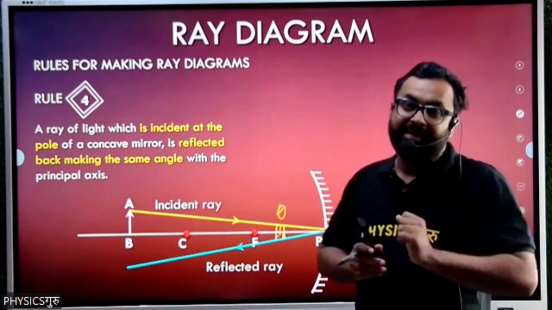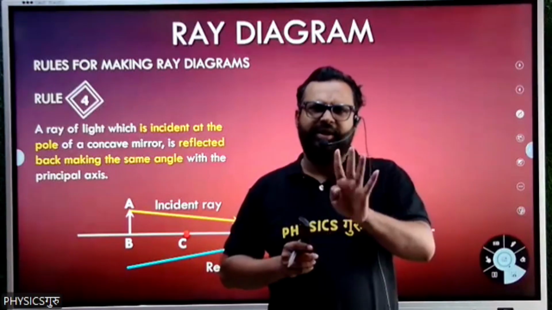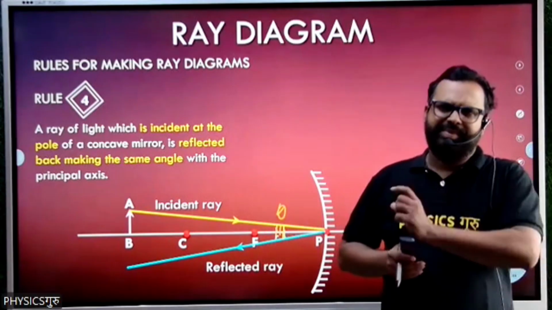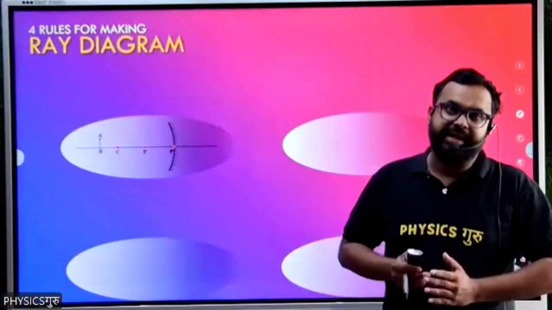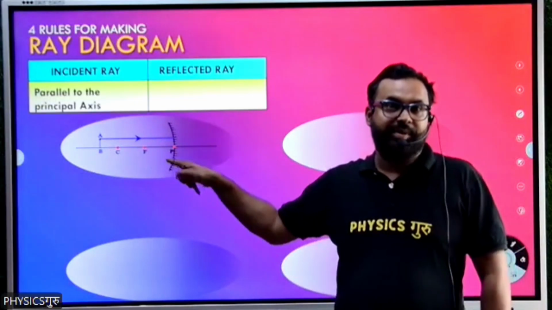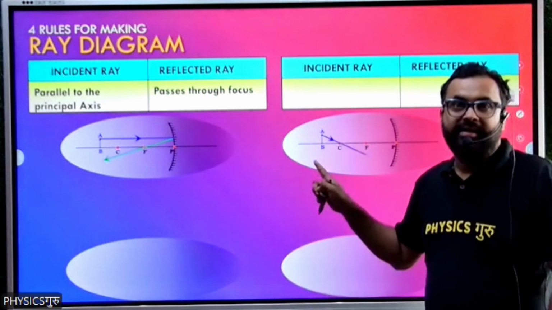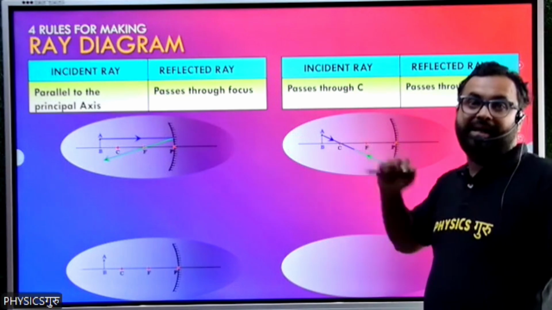In exam, they will ask you to write a short note on the rules of ray diagram. So basically you need to write 3 rules: first, second and third. The fourth one is basically the law of reflection, angle I is equal to angle R. So let me summarize. When an incident ray is parallel to principal axis, after reflection it passes through focus. Second, when a ray passes through center of curvature, after reflection it retraces its own path.